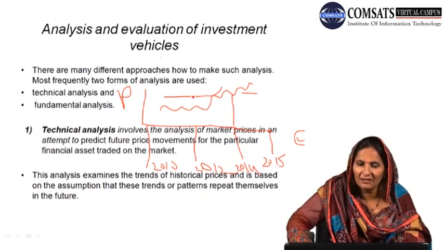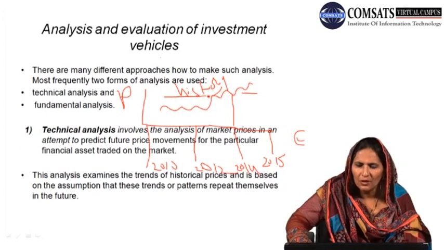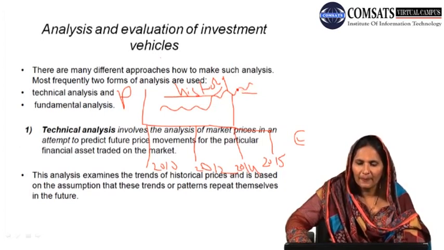Or in other words, we should analyze the history of this asset. Through analyzing the history of this asset, we can come to know what line of value this asset is going to follow in future time period.